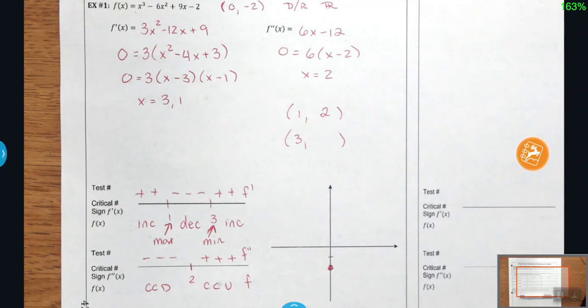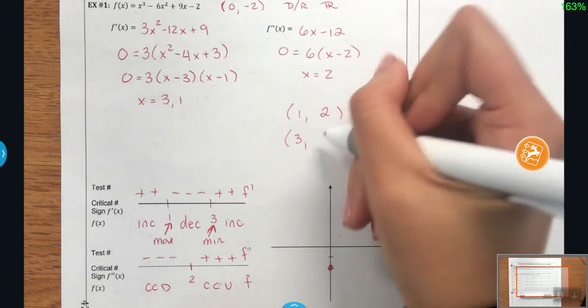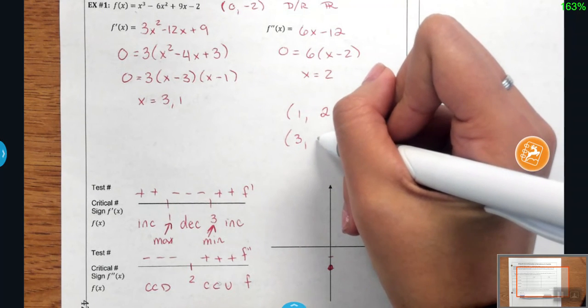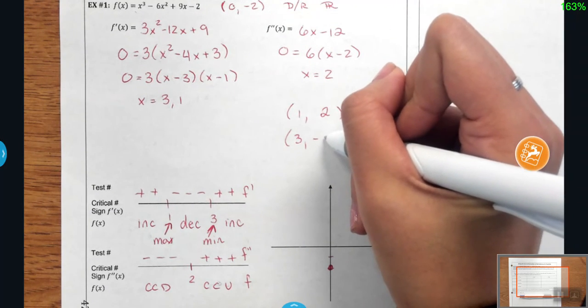Need double verification for Andy. And if I plug 3 in, negative 38? We got negative 2. Isn't it like negative 50?